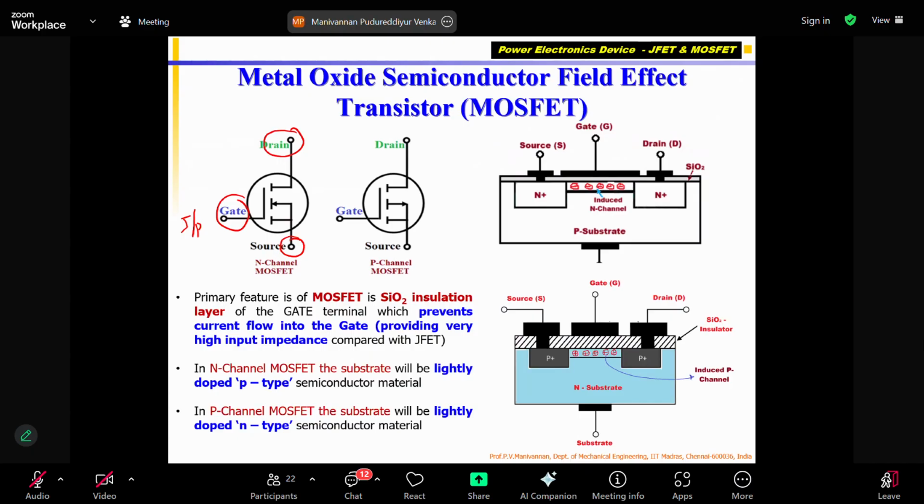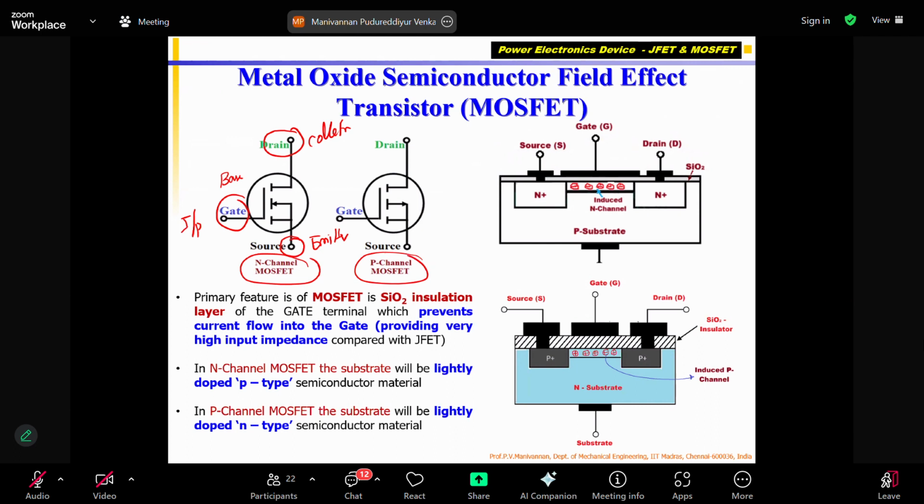Gate, drain and source can be equated to the base, collector and emitter of the transistor. When we talk about MOSFETs, there are two types: the N-channel MOSFET and the P-channel MOSFET. We'll see them one by one.